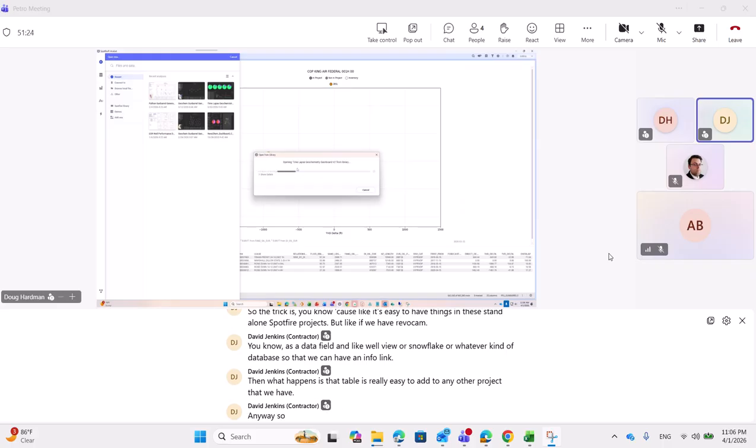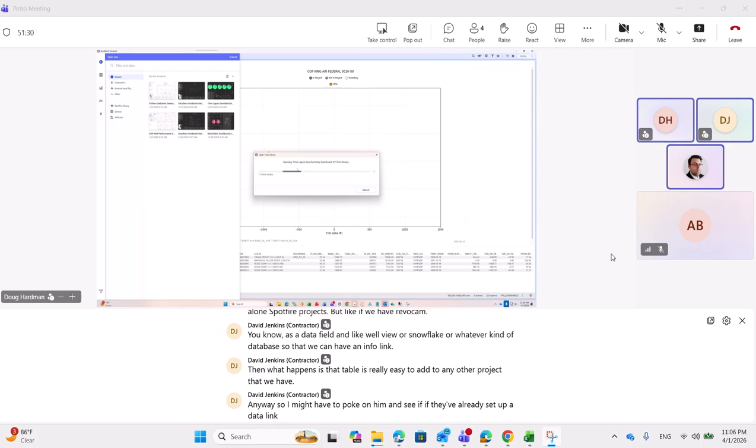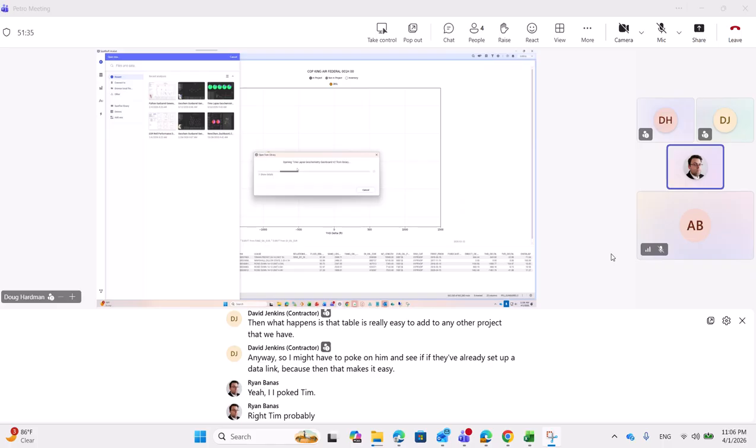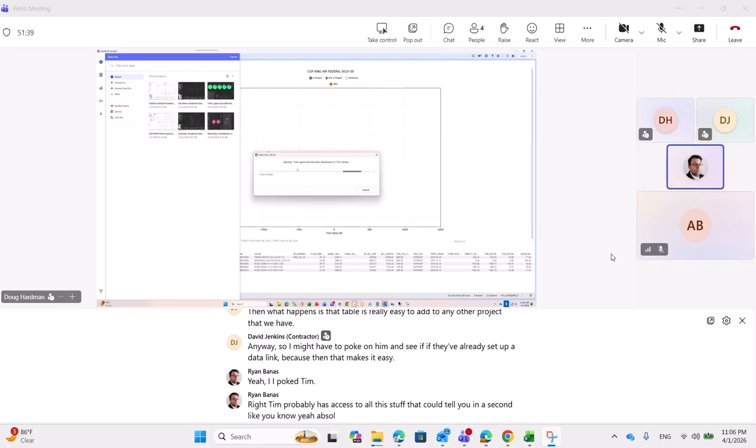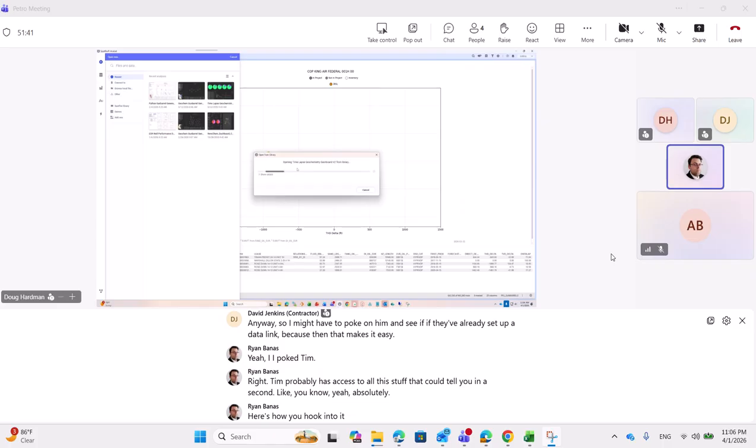I might have to poke on him and see if they've already set up a data link, because that makes it easy. I poked Tim; Tim probably has access to all this stuff. He could tell you in a second how to hook into it.